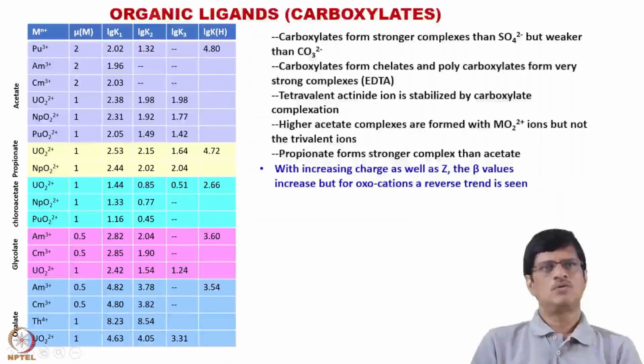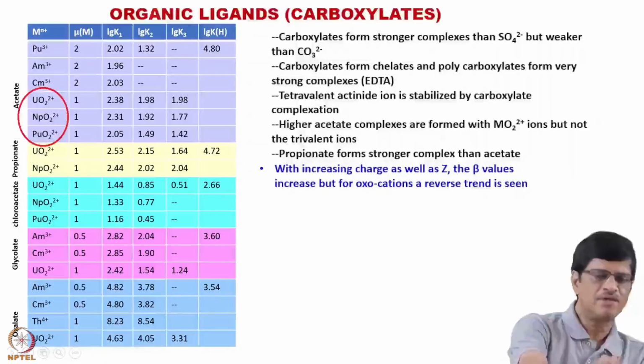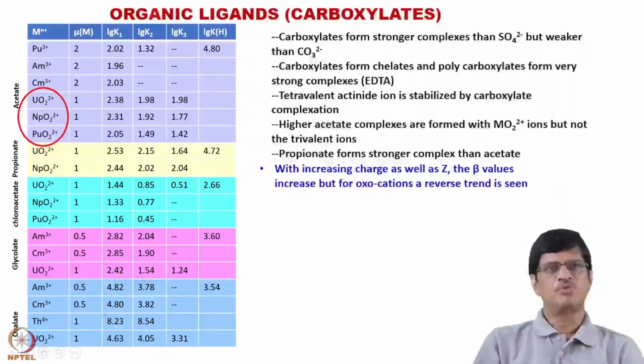Now coming to the actinyl ions, the 3 actinyl ions given here are uranyl, neptunyl, and plutonyl, all in their +6 oxidation states, and you can see that the complex formation constant of neptunyl ion is somewhat lower than that of uranyl ion, and then for plutonyl ion it increases, as has been the trend discussed previously also with other complexing agents.